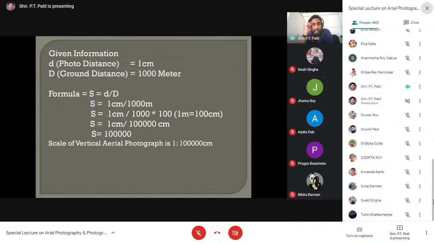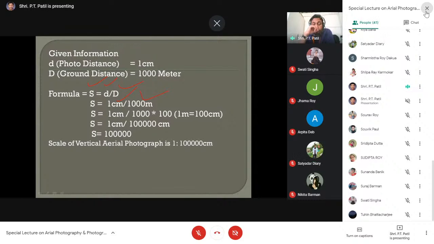The scale of the vertical aerial photograph is equal to small d upon capital D. Here small d is the distance on the aerial photograph, and capital D represents the distance on the ground. Here the distance on the aerial photograph is given as 1 centimeter, and the distance on the ground is given as 1000 meter.